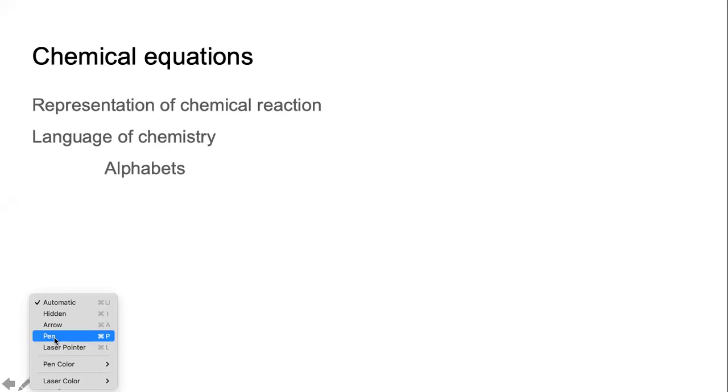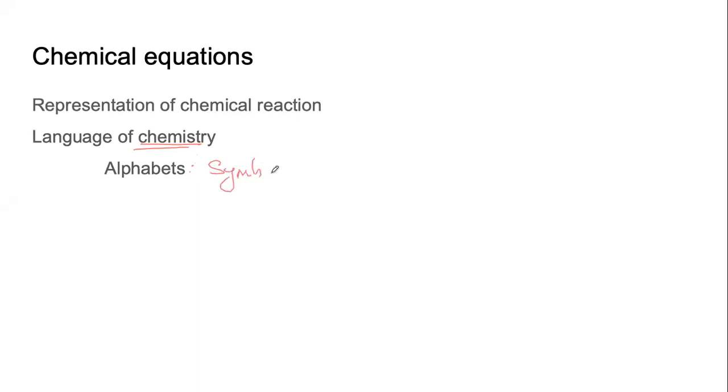Chemical equations are just a representation of a chemical reaction. It's just one way of writing the chemical reaction. Some people even say that it is the language of chemistry. Languages have some alphabets. So when we are studying chemistry, the alphabets are the symbols of the elements.